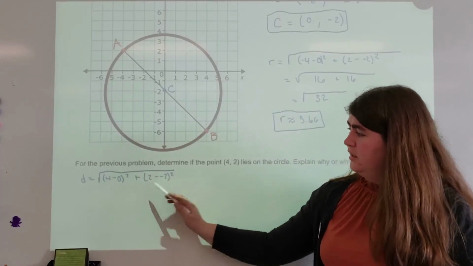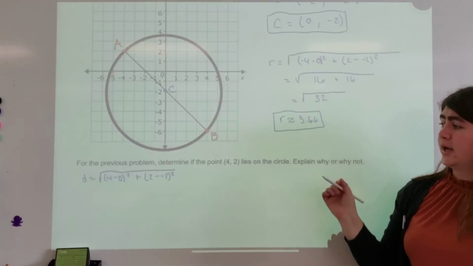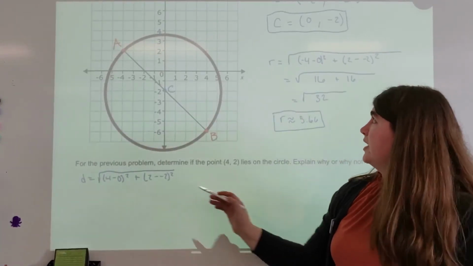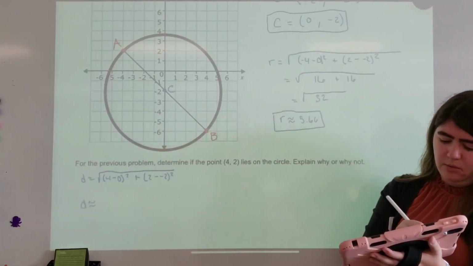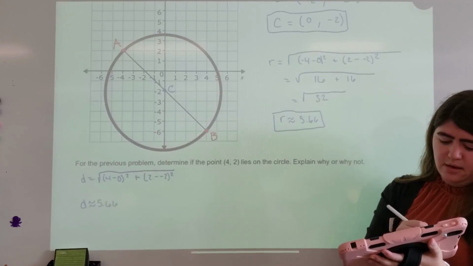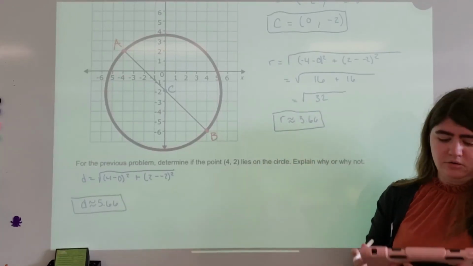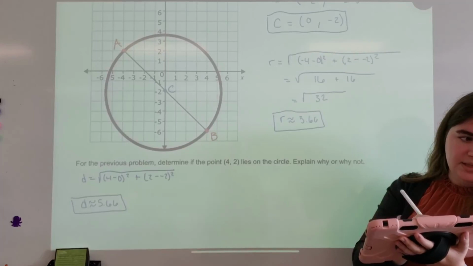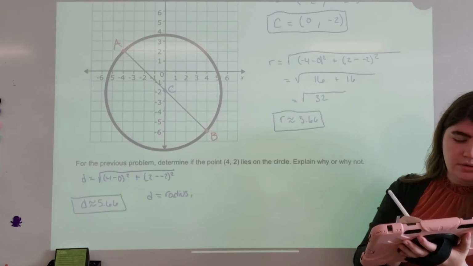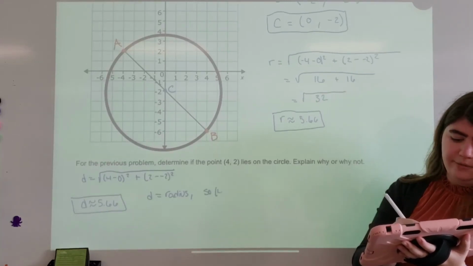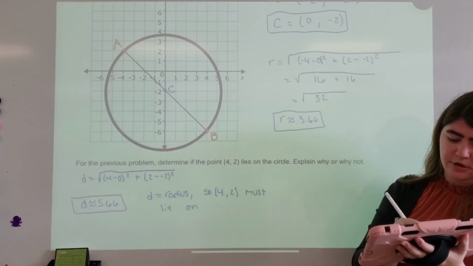This formula is exactly the same as what I just solved up here for my radius. So I already know it's going to work out. I don't need to simplify further because I already showed that work. D is approximately 5.66, and because D is the same, the point is on the circle. To put that into words, D equals the radius, so the point (4, 2) must lie on the circle.